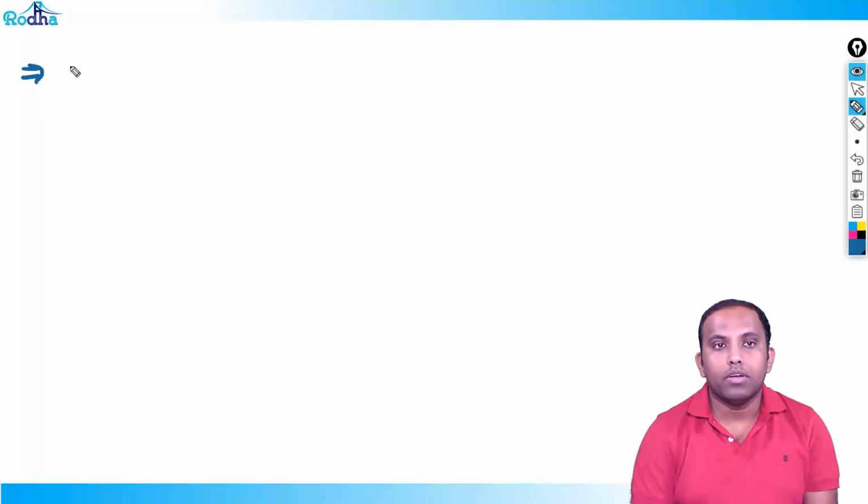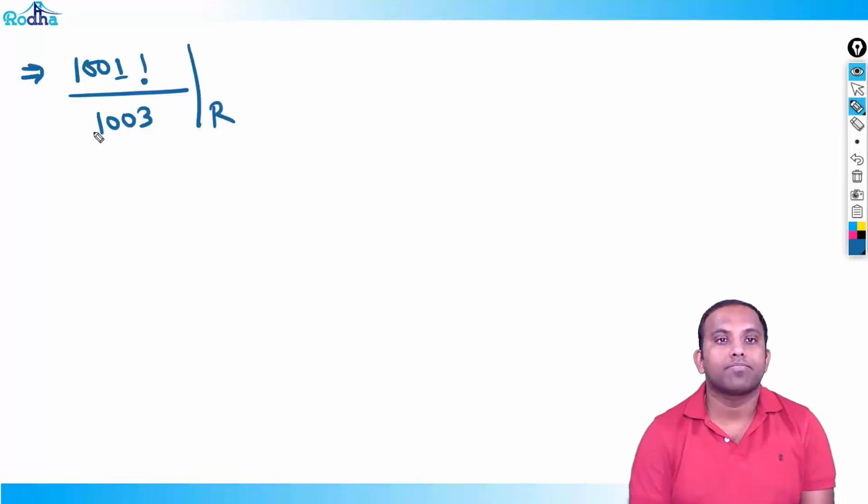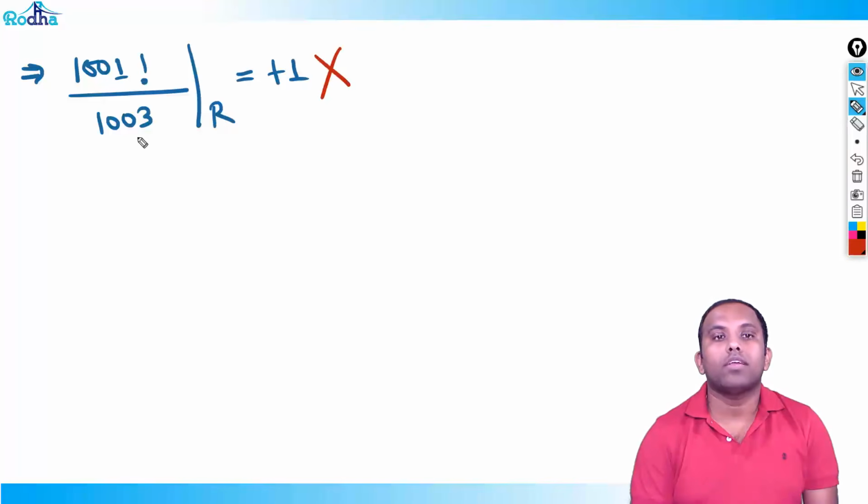Now see, what is the remainder if 1001 factorial is divided by 1003? This question looks like the answer is plus 1, but it is wrong. Why is it wrong? Because in this case 1003 is not a prime number.